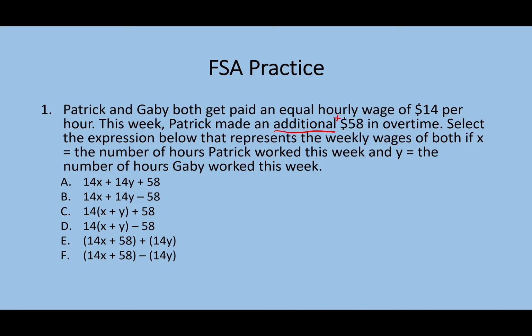Select the expression below that represents the weekly wages of both if X is the number of hours Patrick worked, so X is Patrick, and Y equals the number of hours Gabby worked. Y is Gabby. So basically, $14 per hour for Patrick, that's an X. $14 an hour for Y, that's Gabby, and an additional $58 in overtime.